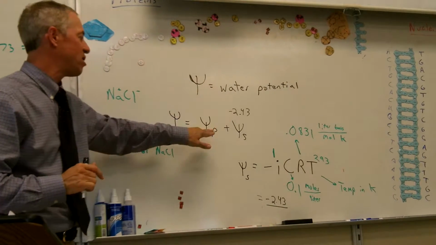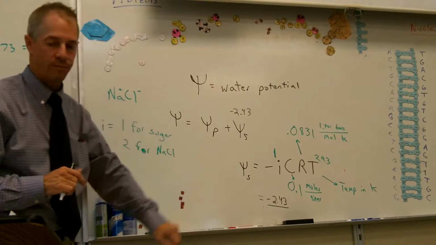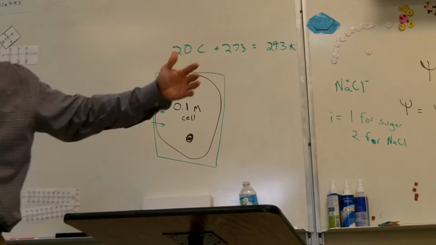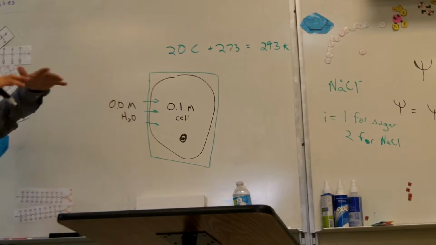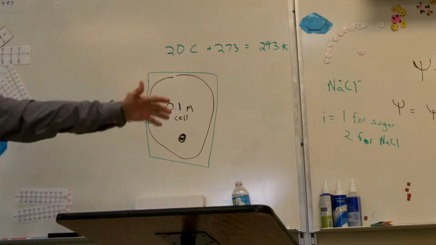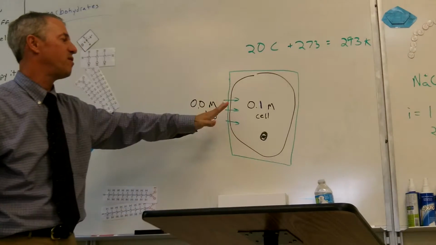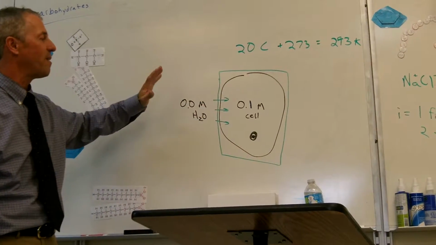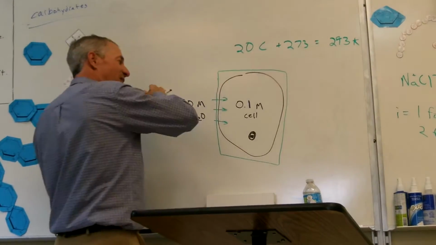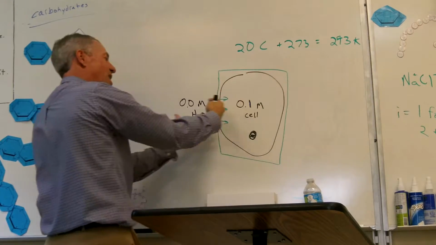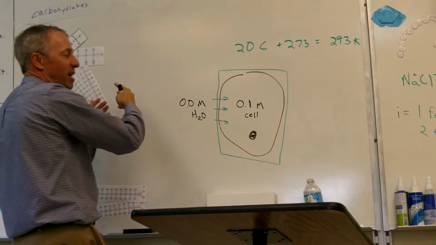Now we have to add that to the pressure potential. Normally your pressure potential is 0 if you're working at normal atmospheric pressure, and we'll say that this is all happening at normal atmospheric pressure. That means there's not a lot of stuff crammed into the cell to put it at high pressure, and not a lot sucked out to make it low pressure.